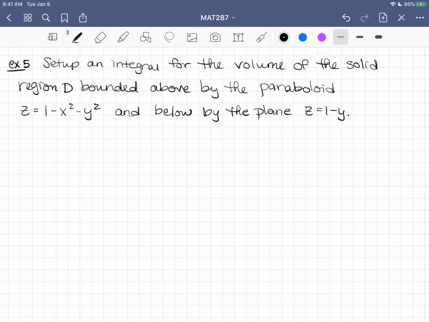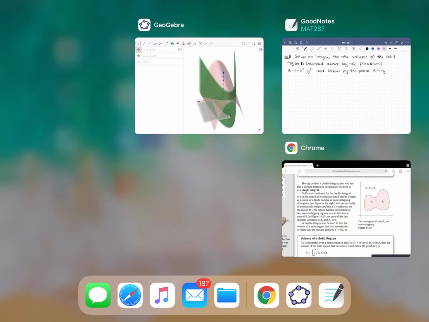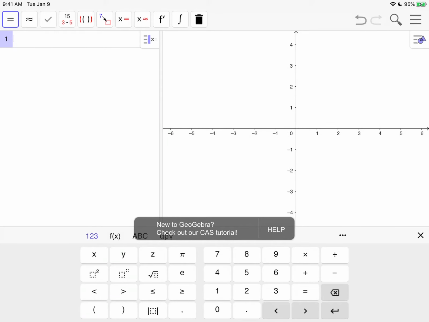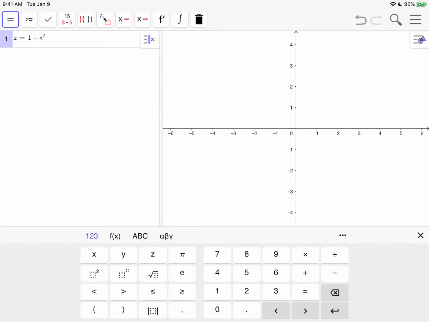Okay, so let's take a look at what that looks like in GeoGebra. Okay, so I need z equals 1 minus x squared minus y squared. This is not 3D, is it?